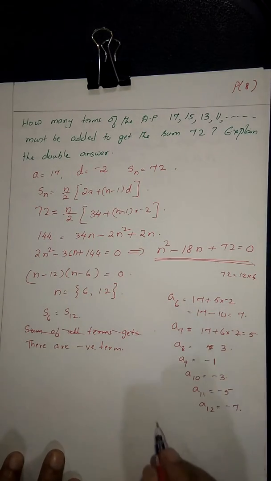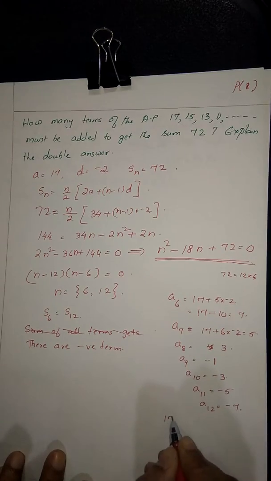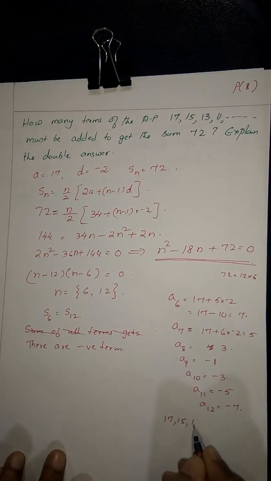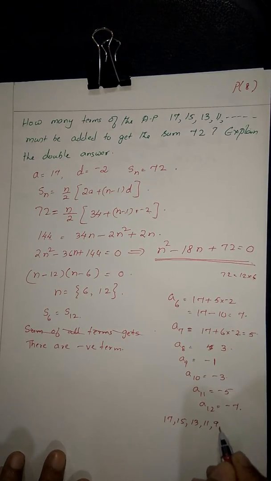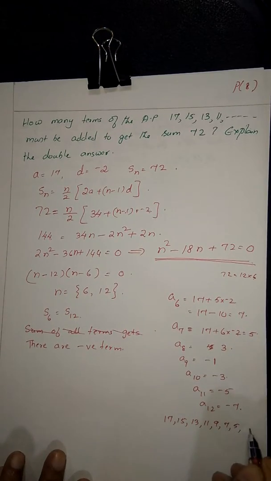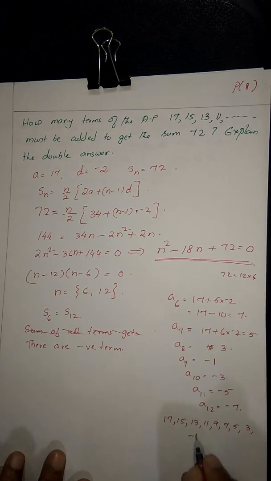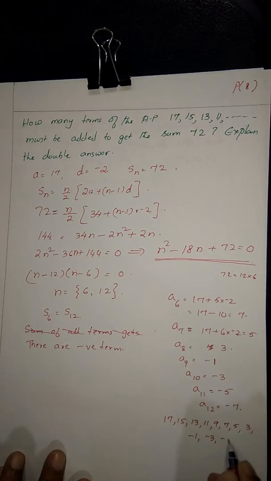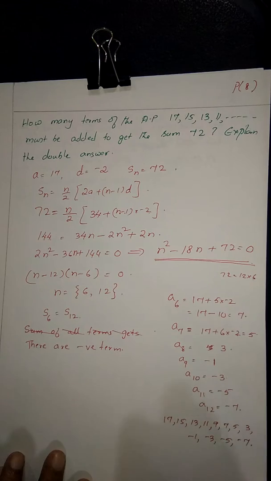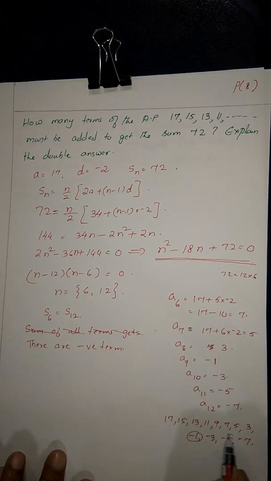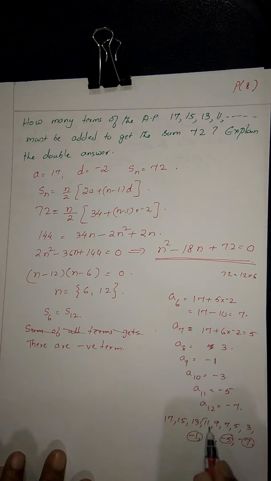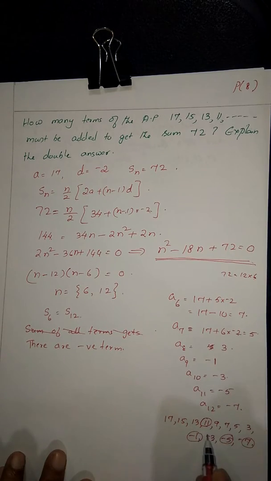So if you write down the numbers, you will get 17, 15, 13, 11, 9, 7, 5, 3, minus 1, minus 3, minus 5 and minus 7. If you see now, 7 plus 3 is 10, 10 plus 1 is 11. So this is getting cancelled with this.